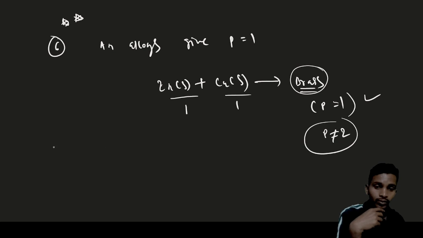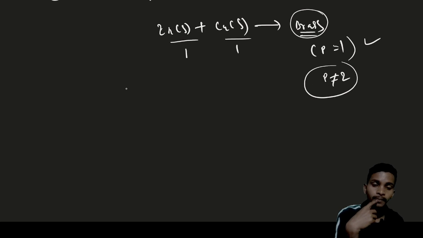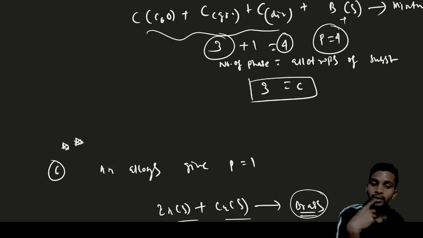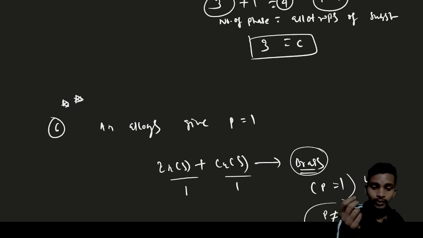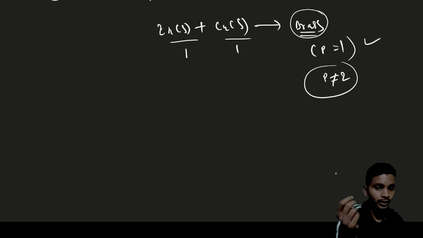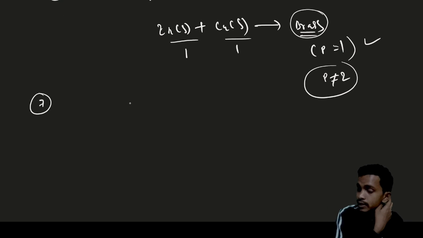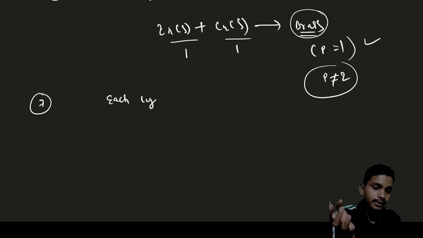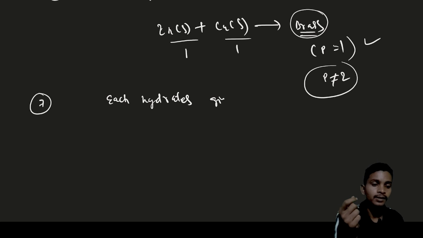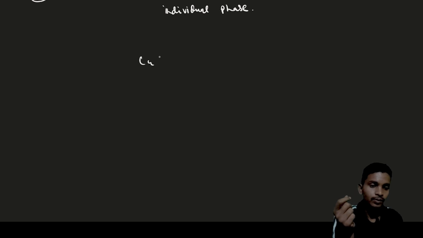Are there any other rules left? Allotropes, okay, alloys, okay. Another rule is about hydrates: each hydrate gives an individual pH. Let's say CuSO4 plus 5H2O.